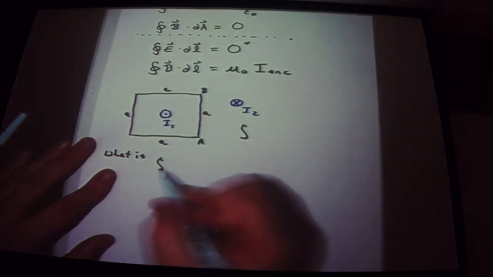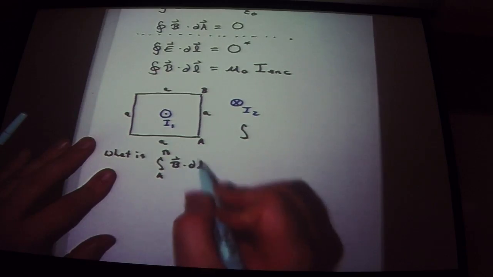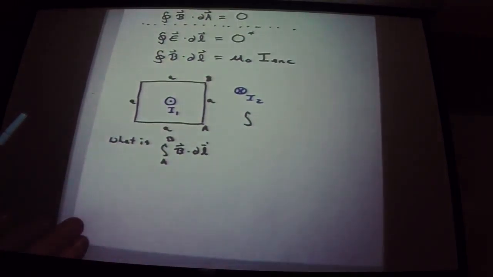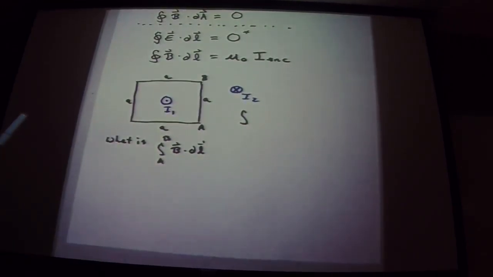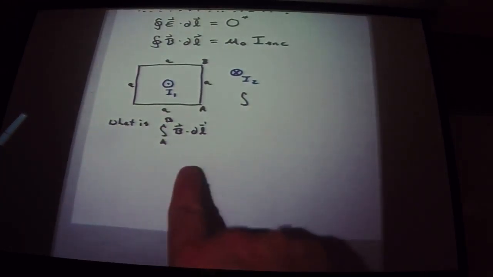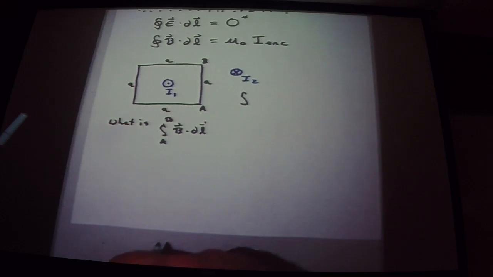What is the integral from A to B of B dot dl? Ooh, now I'm getting tricky. I love questions like this on a test too. They're great for multiple choice, because if you get it, you get it. If you don't, you don't. So I'll throw this at you now.